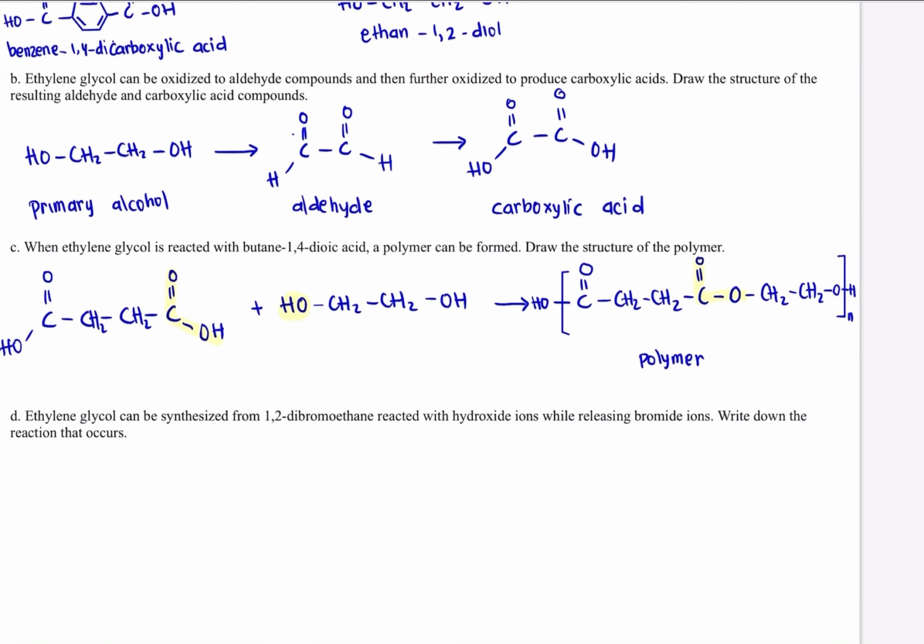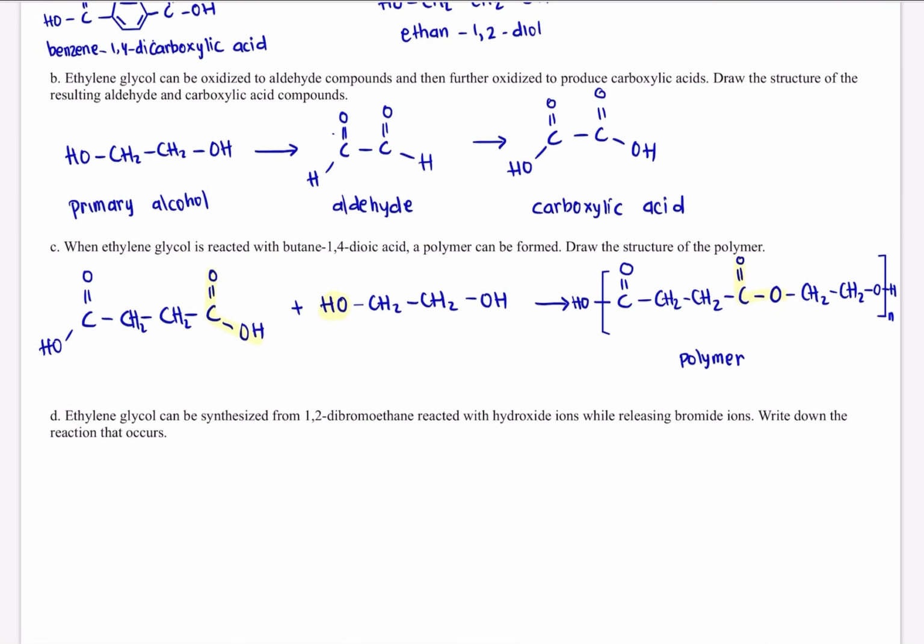The next one here, ethylene glycol can be synthesized from 1,2-dibromoethane reacted with hydroxide ions while releasing bromide ions. Write down the reaction that occurs. So here we have 1,2-dibromoethane. So basically we have ethane, 2 carbon, 1, 2.